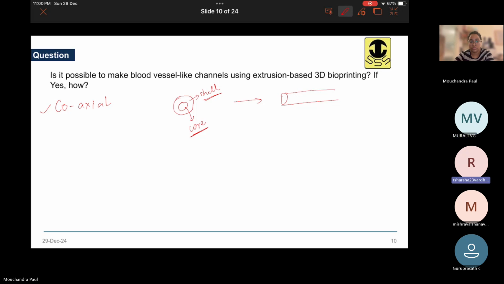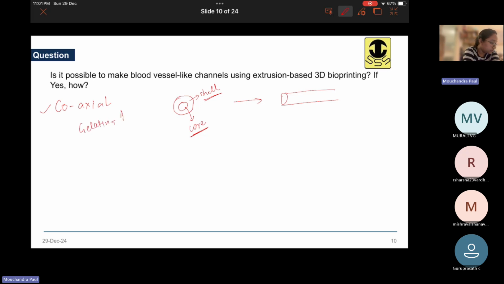Ma'am, should the material be more specific, for example gelatin or alginate, and the cross-linking? Okay, yes, you can use, for extrusion-based bioprinting, gelatin and alginates are used, all right?